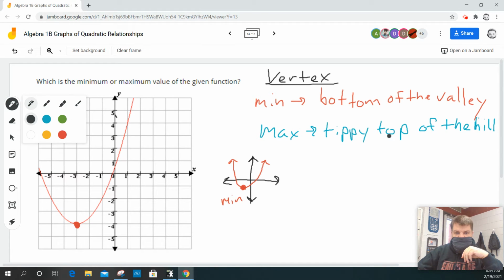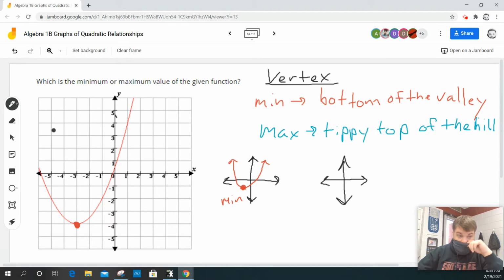But sometimes that's inverted. Flipped about the x-axis. And so you'll still have that parabolic shape or parabola that looks like this. And right at the tippy top of that, we call that the maximum.